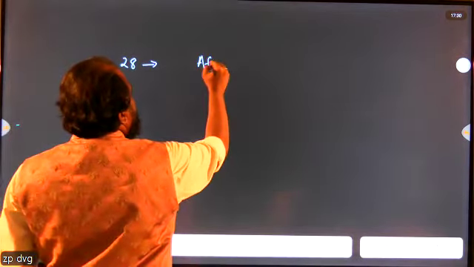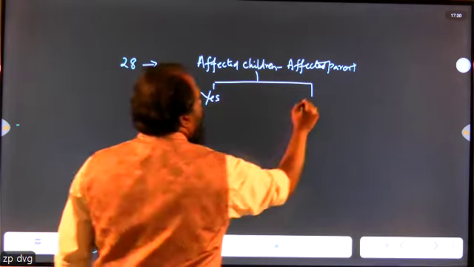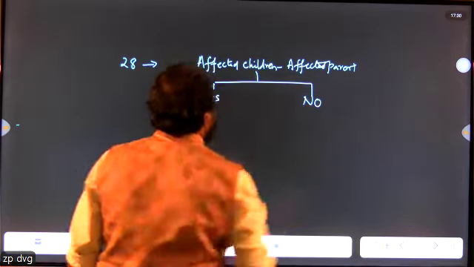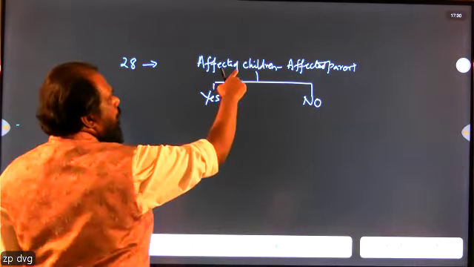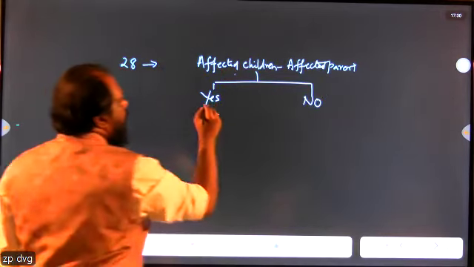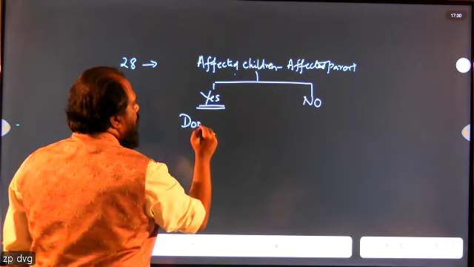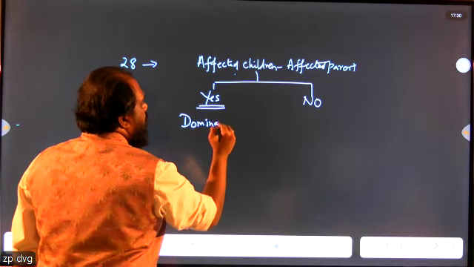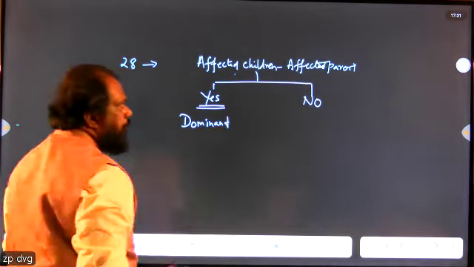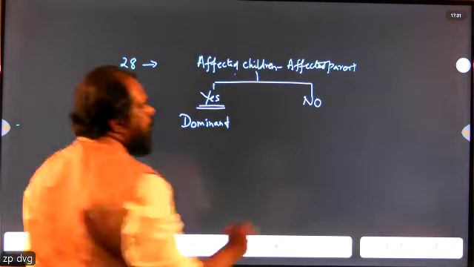The question may be yes or no. If the affected children have an affected parent, the condition is due to a dominant gene. If it is no, it is due to a recessive gene. So first you have to find out whether the pedigree is dominant or recessive.